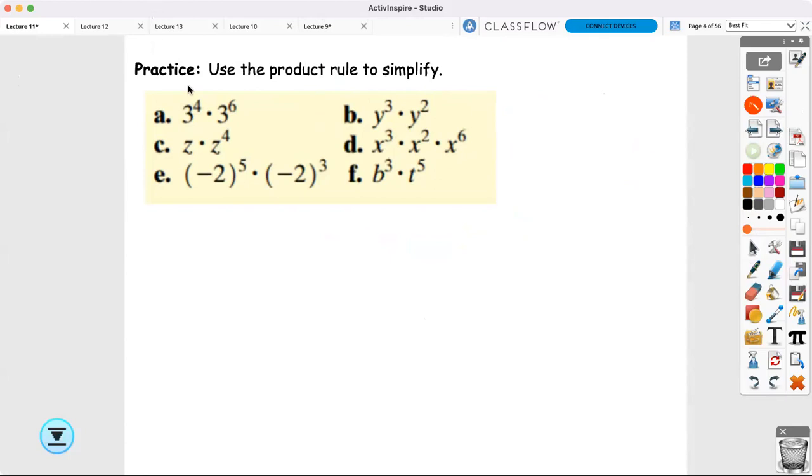To utilize the chat to share answers, I'm going to show you how to write exponents in chat. So to say x squared is equal to x, the caret symbol, which is shift 6. That caret symbol is known as the caret symbol.